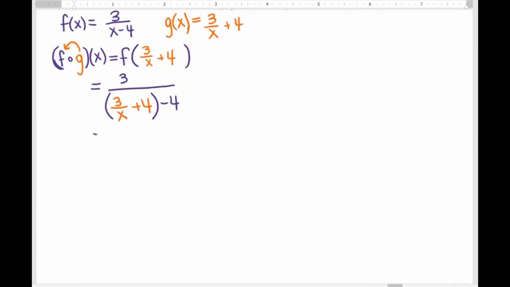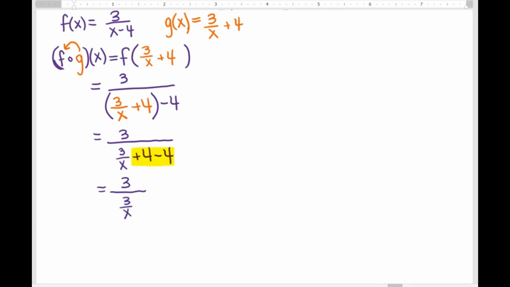So now what we have is 3 all over 3 over x plus 4 minus 4. We're going to do some order of operations. The plus 4 minus 4 can go away. That gets us 0. So now we have 3 all over 3 over x.